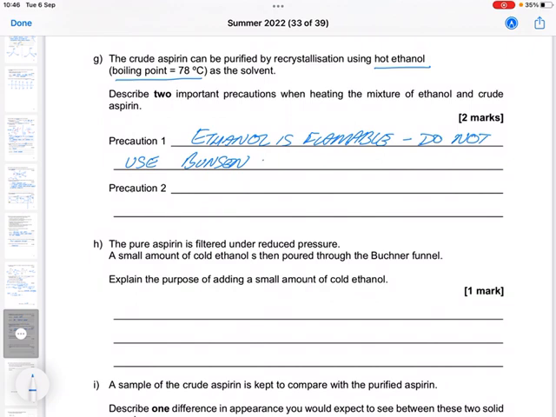So you could use a hot plate, or you could say that you would use a water bath. Okay, and number 2, you need to keep the temperature below 78 degrees C. Obviously, if it goes above 78 degrees C, the ethanol will boil away.